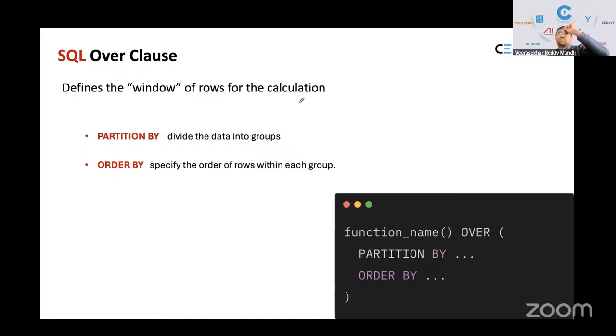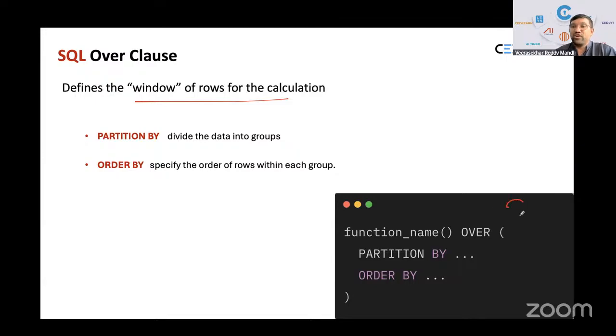The OVER clause defines this window of rows. By using the OVER clause, we define what set of rows is relevant to that context.